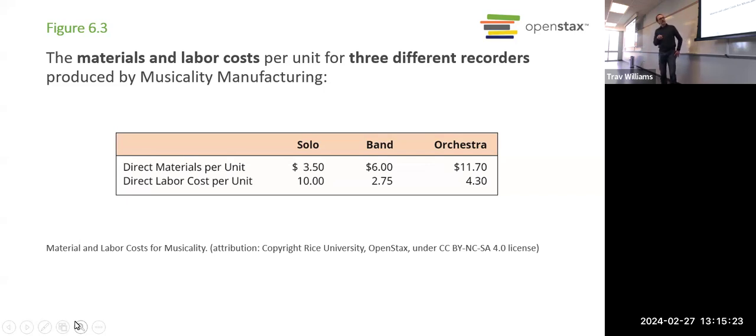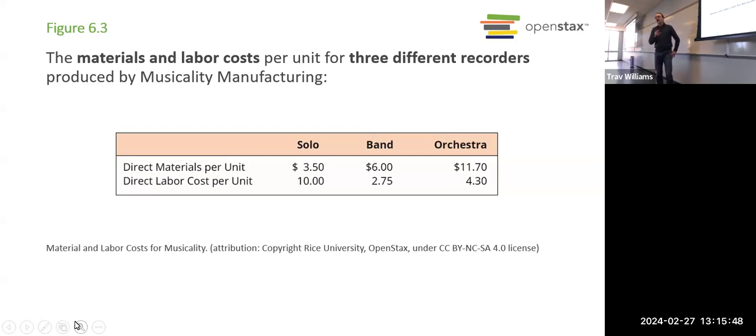We can see the material costs for each of their 3 products and the labor costs. Now, I don't know why the solo recorder takes $10 per unit, and the orchestra only takes $4.30. And then the band is $2.75. That doesn't really make sense to me, but these are the numbers they gave us, so okay, we'll just go with that.